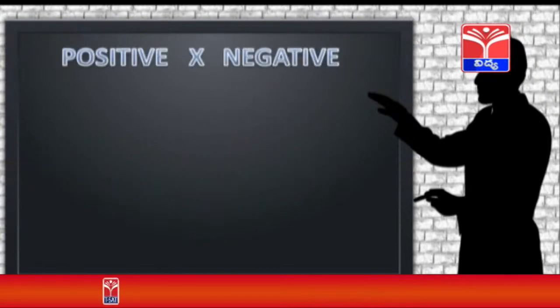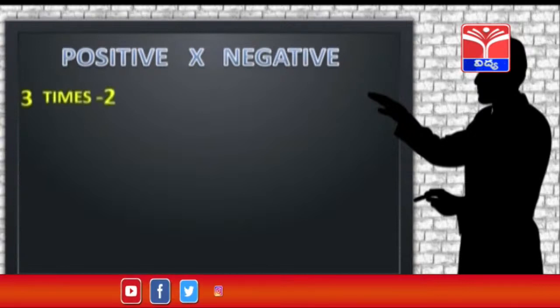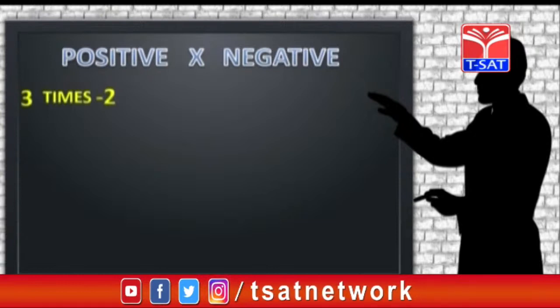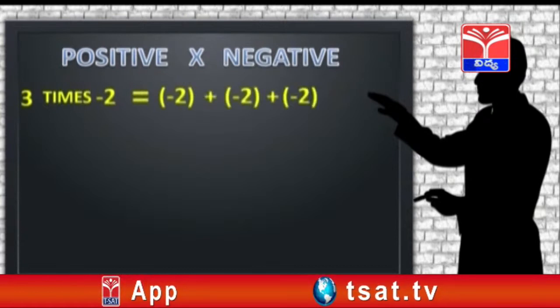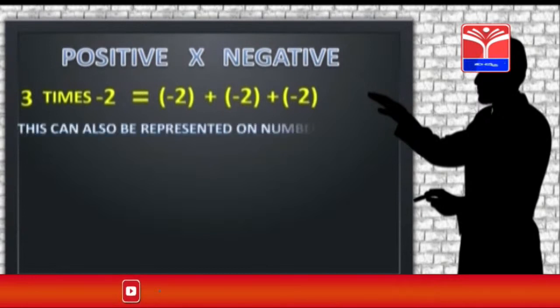Okay, let us go for the second type of product, that is positive times negative. For example, 3 into minus 2, that means 3 times minus 2, which I told already to you that 3 times minus 2 means minus 2 plus minus 2 plus minus 2, adding minus 2 3 times, and this can also be represented on the number line.